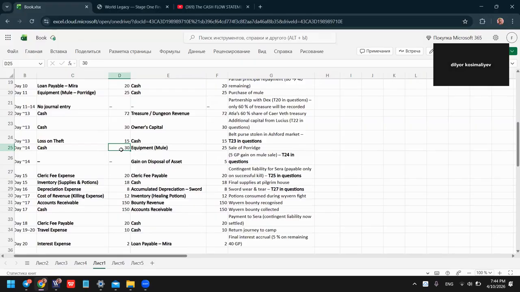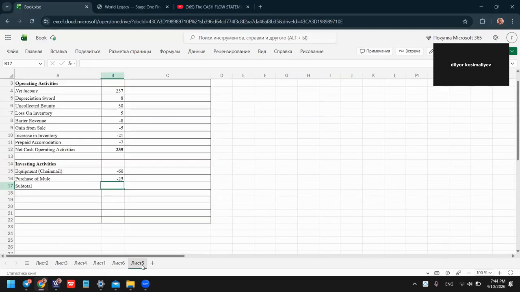So selling is also part of investments, right? We buy investments and we sell them as well. So we sold what we bought for long term, so it will be part of investing activities. And since we sold it, it will be recorded as positive.